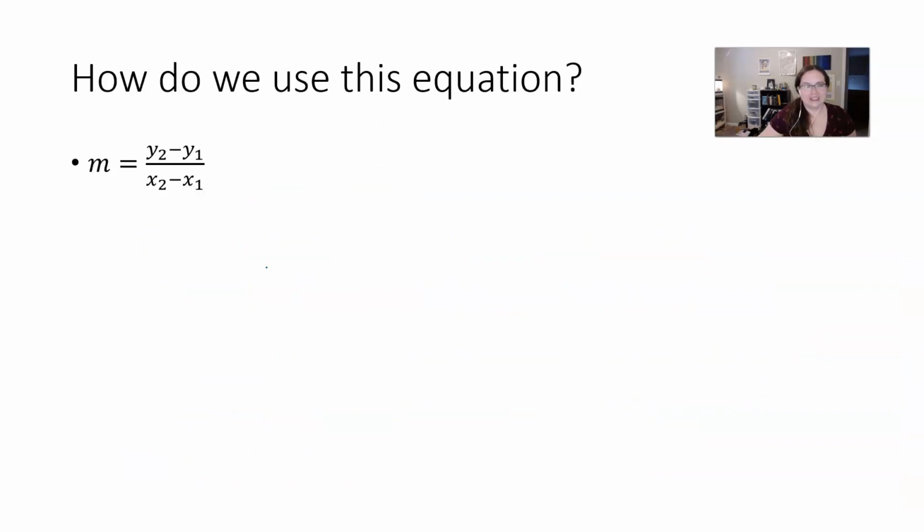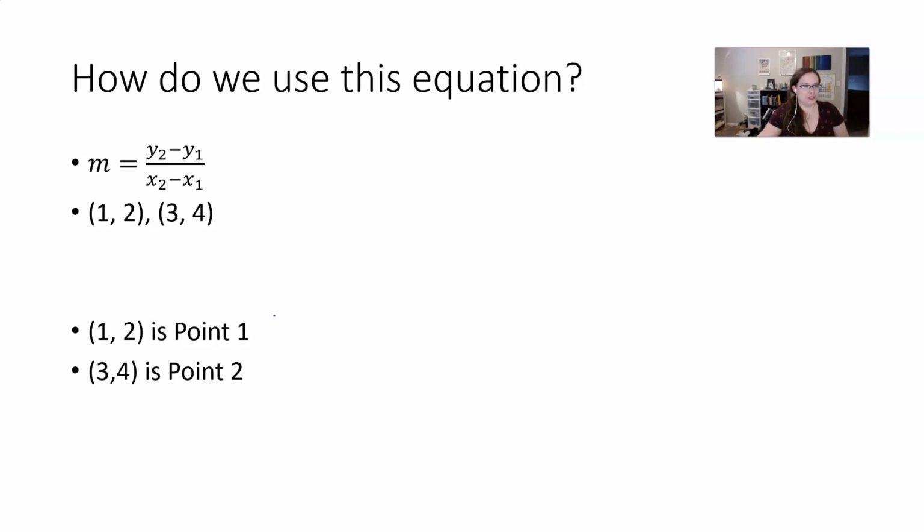So how do we use this equation? Well, when you're using this equation, you're going to have 2 points. So here are 2 points I made up by using the numbers 1, 2, 3, 4. I'm going to decide one of my points is going to be labeled point 1. So I'm going to do 1, 2 as point 1. And then 3, 4 is going to be point 2. So for my first point, here's my x value and here's my y value.